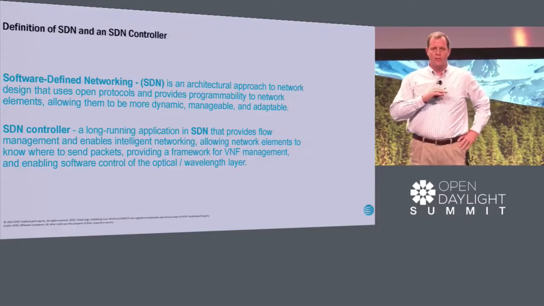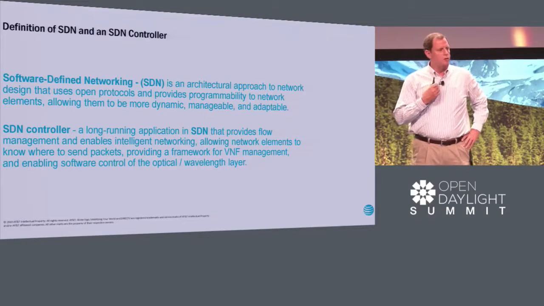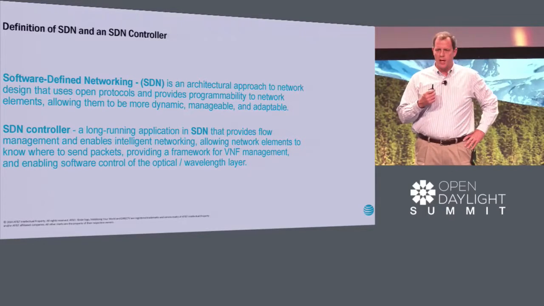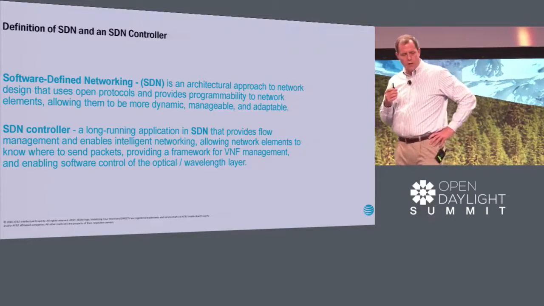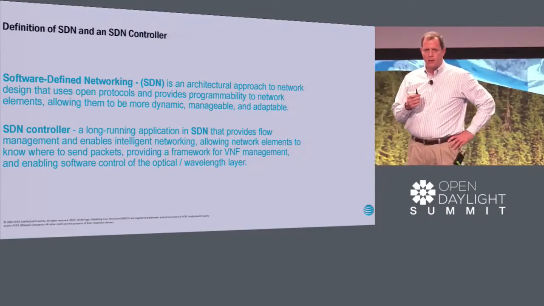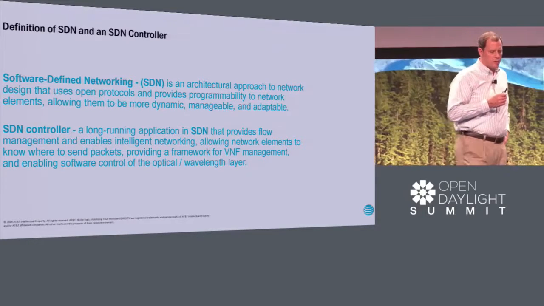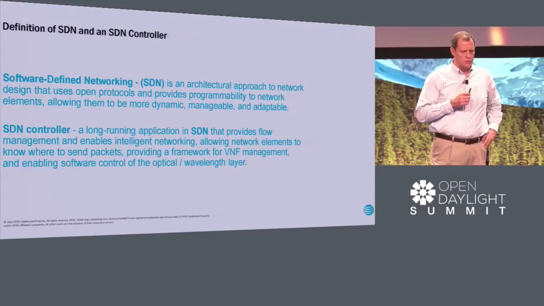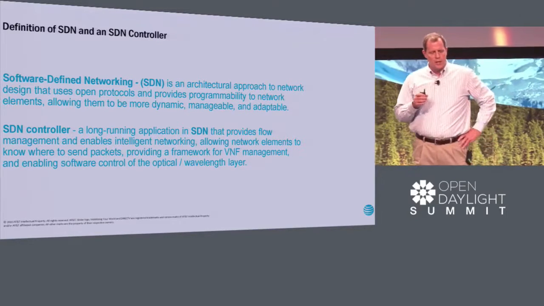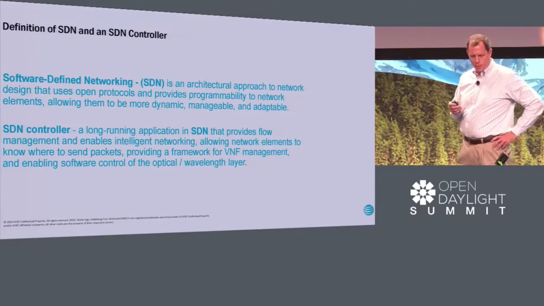The controller essentially is a long-running application in SDN that provides flow management and enables intelligent networking. And it allows us to control where the elements send the packets. But I'm going to show you by the end of the talk that it also provides a framework for us to be able to do VNF management or application control, as well as enabling software control of the optical and wavelength layer of our network.